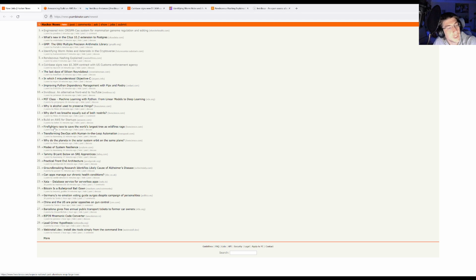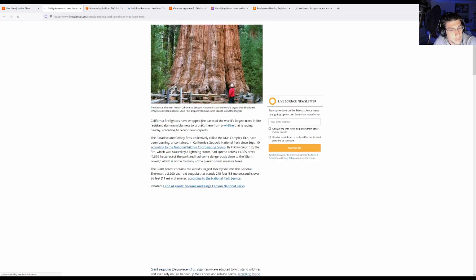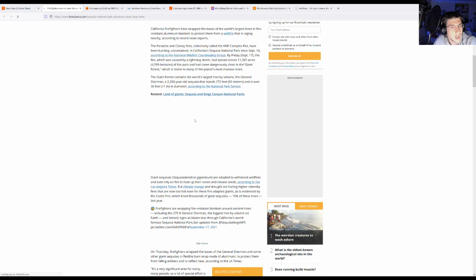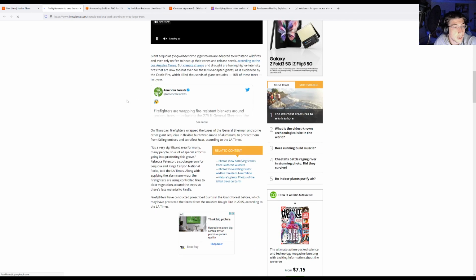Anyways, 15. Firefighters race to save the world's largest tree as wildfires rage. Ouch. I want to see the world's... Oh no, that's huge. It's beautiful. How old is that tree? A 2,200-year-old sequoia. Wow.